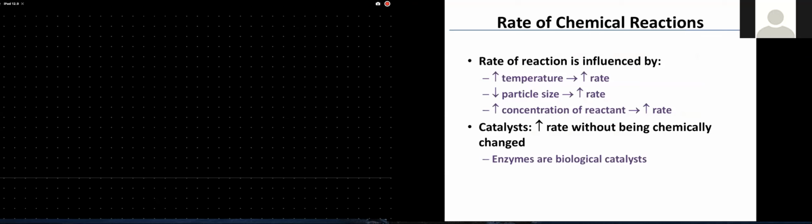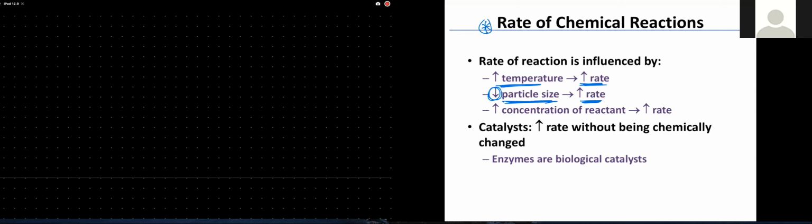All right, so what's going to be determining the rate of the chemical reaction? We have the temperature. If I have an increase in the temperature, this will directly increase the rate of the chemical reaction, making it go faster. Also, the particle size: as I decrease the particle size, this will increase the rate of the reaction.